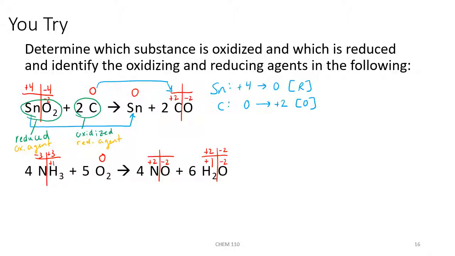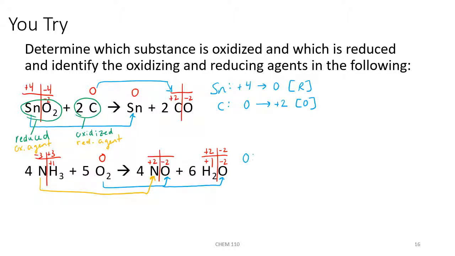Looking at our changes, our oxygen went from a 0 down to a -2. It actually went to a -2 in both compounds, so it was the same. And our nitrogen went from being a -3 on the reactant side up to a +2 on the product side.